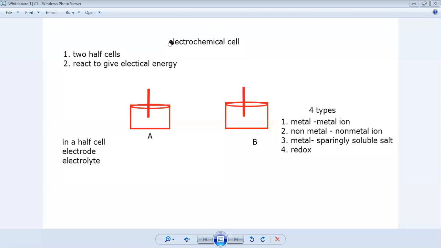Can anyone explain redox? Sir, redox means the oxidation and reduction reaction takes place simultaneously. Yes, we have learned the redox reaction in your previous classes, but the word meaning, the word which indicates here means what? Red for reduction, and Ox for oxidation.